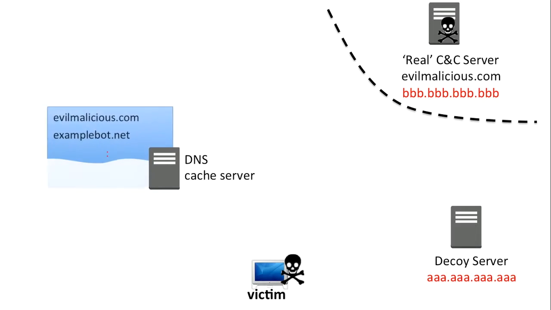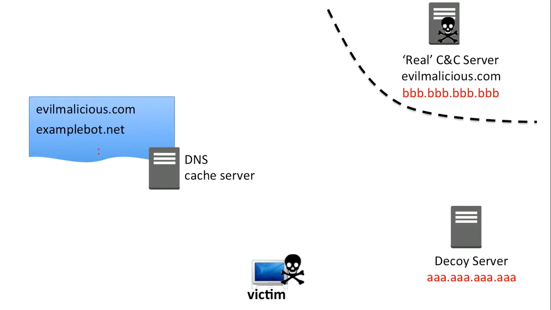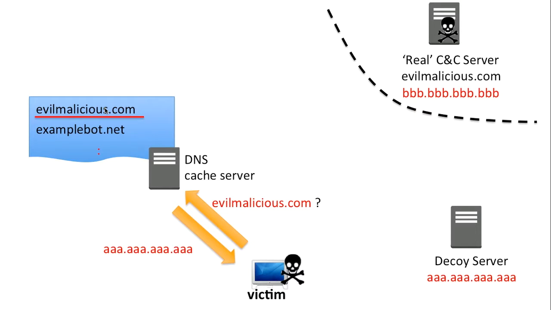Our DNS cache server has a malicious domain name list. If there is a queried domain name on the list, the server rewrites an IP address in the DNS response to our decoy server's IP address. Hence, the bot program accesses our decoy server instead of the real rendezvous CNC server.